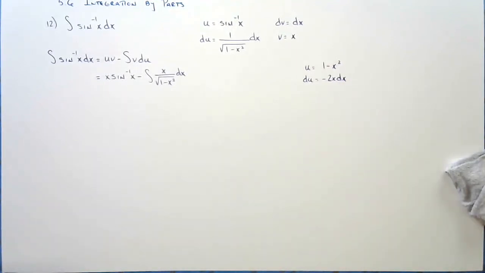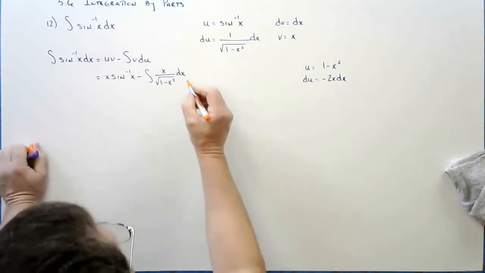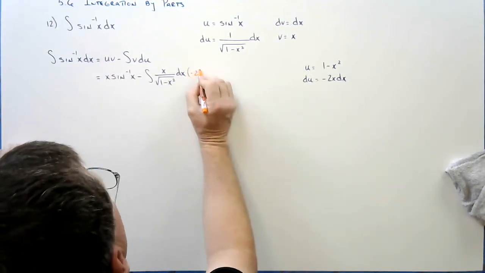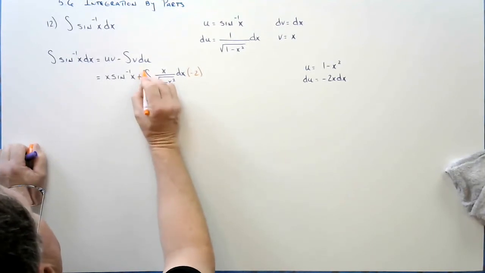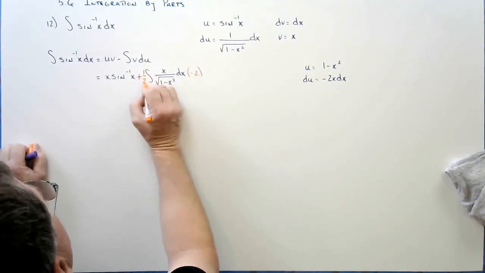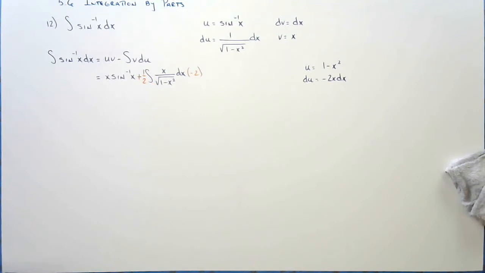And so we'll look at our integral and think to ourselves, well, we need a negative 2 right here with our dx, and we balance that by putting another negative and its reciprocal, negative 1/2, out front.